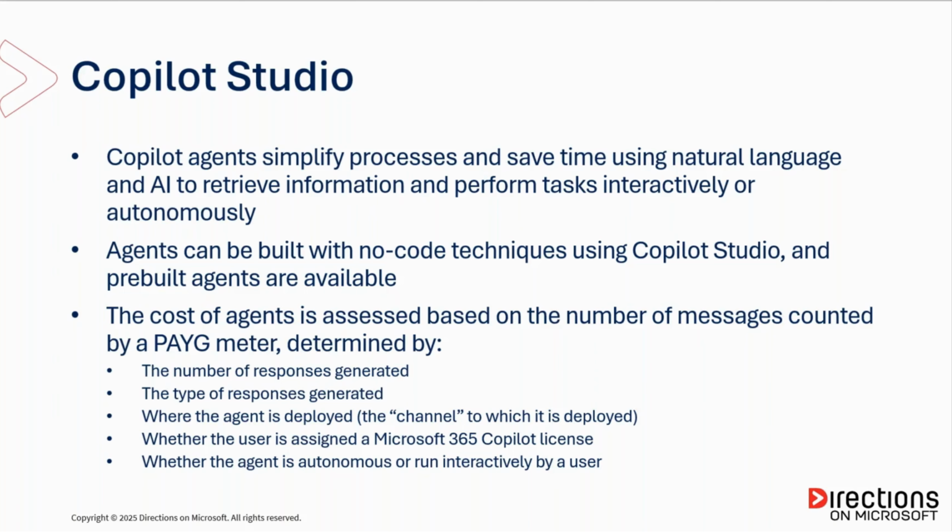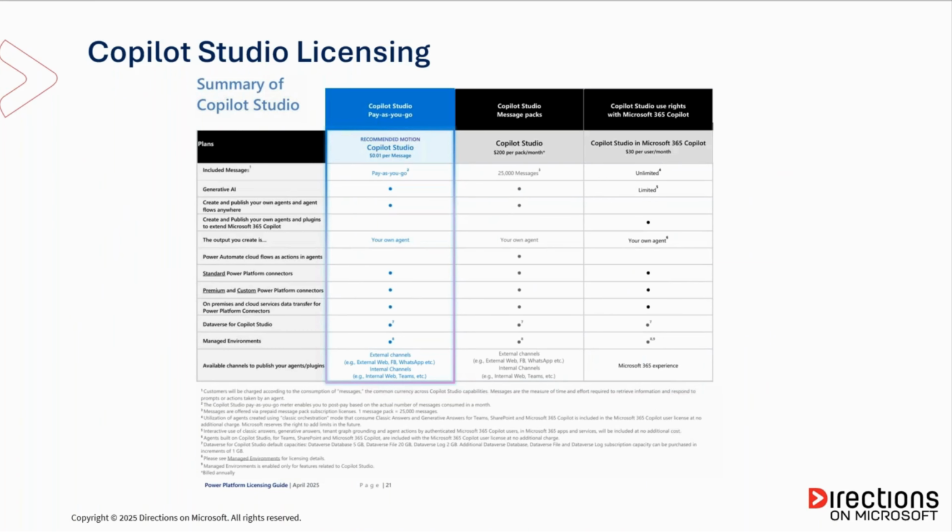So if we go to the next slide, here's a page right out of Microsoft's April 2025 Power Platform Licensing Guide. It shows the license model for Copilot Studio. You can see that billing is based on the factors I described in the previous slide. Messages cost 1 cent each, but they can be purchased in packs that offer an effective 20% savings for an upfront commitment.